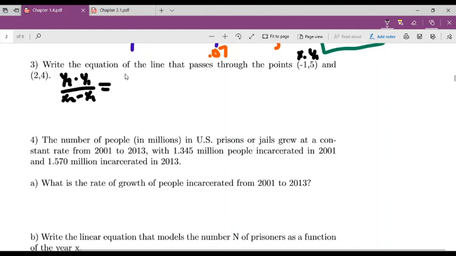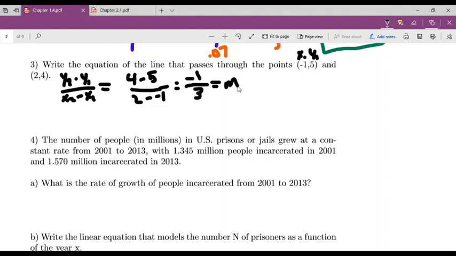So if we do it in that manner, we're going to get 4 minus 5 over 2 minus -1. Okay, when you do that, 4 minus 5 is going to be a -1 on top. 2 minus a -1 is actually going to be a 3 on the bottom. So our slope, or our m here, is -1/3.